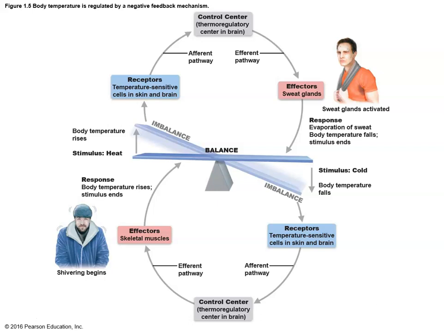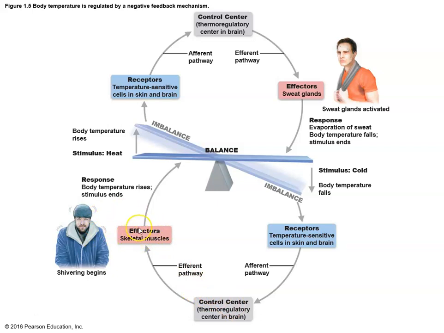Temperature receptors would detect that temperature change and send that information down here to the brain, the control center. The brain would then say that temperature is not what we want. It's too cold. To fix that, we need to go and do something.